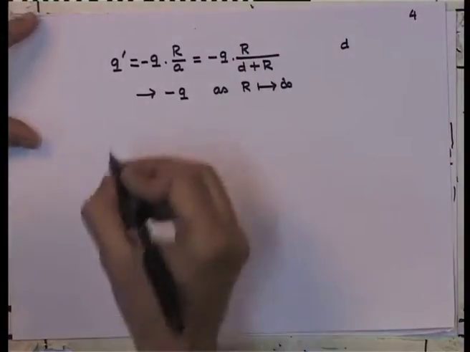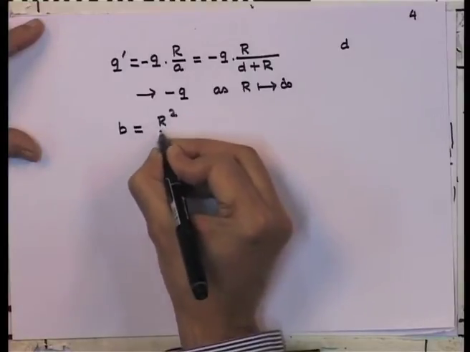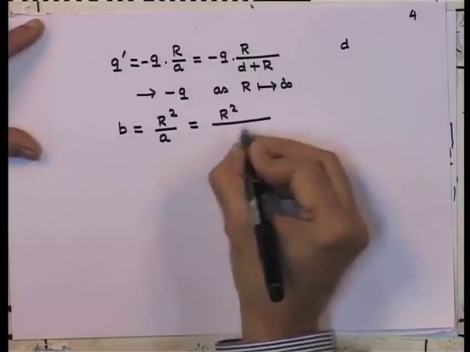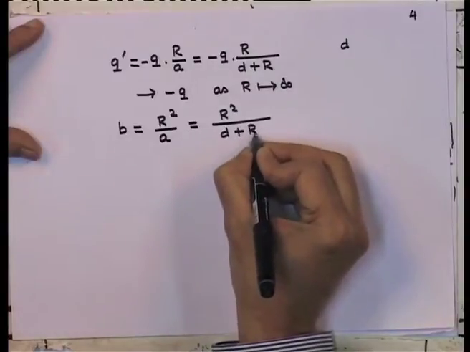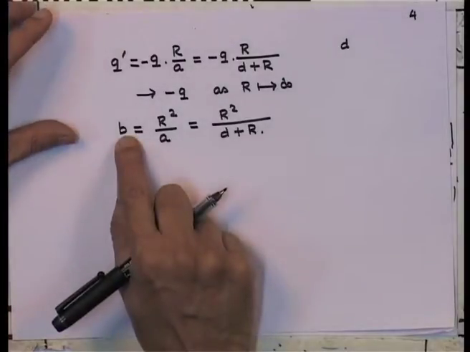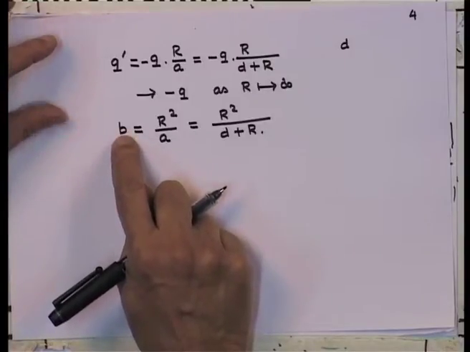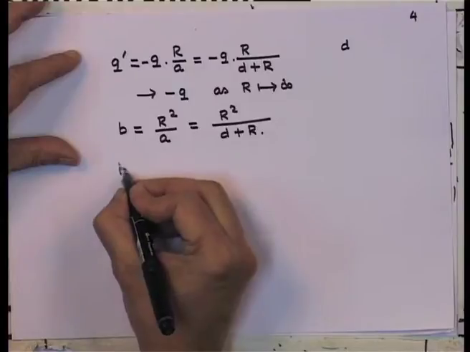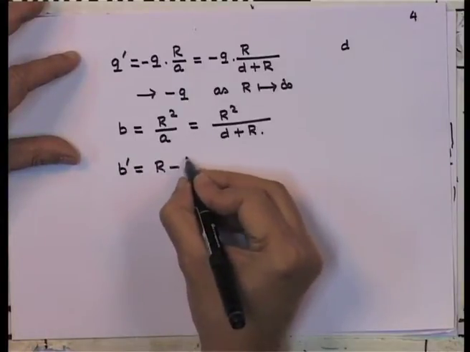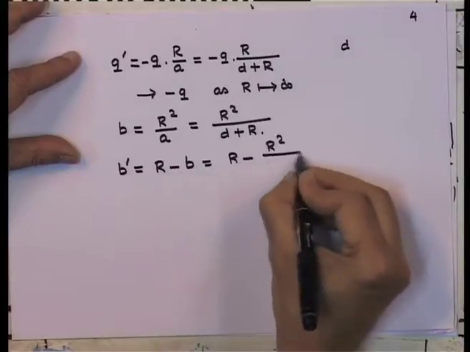And similarly, the image distance b, which we had seen as r square by a, and we had just now seen that a is nothing but d plus r. Now, this image distance is from the origin, but I need the image distance from the surface, which would mean it is r minus b, and that is equal to r minus r square by (d plus r).